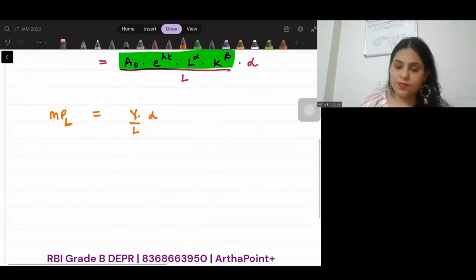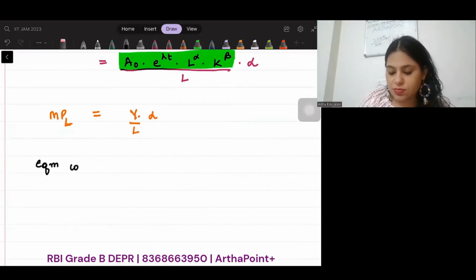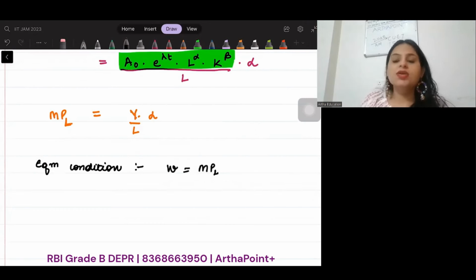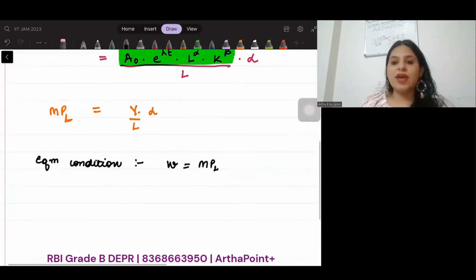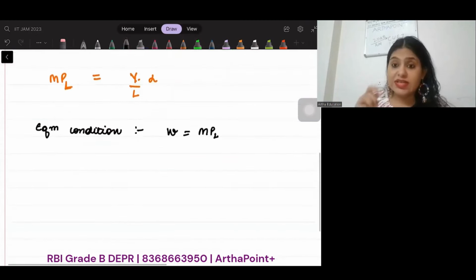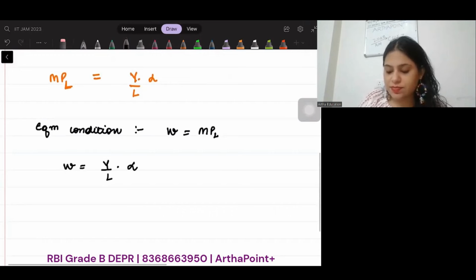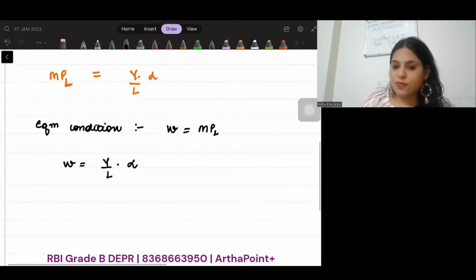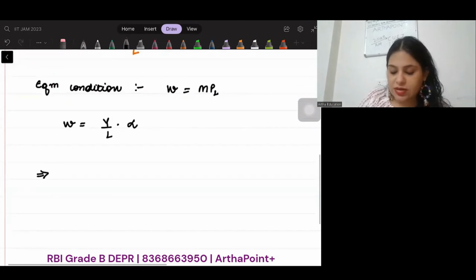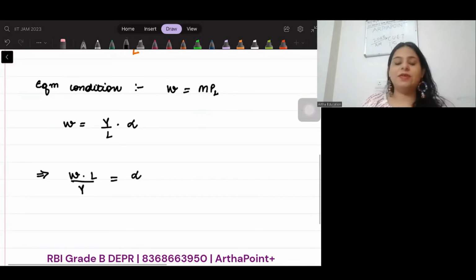Now, what is the equilibrium condition? The equilibrium condition is where the wage is equal to the marginal product of labor. So you give wage equal to marginal product of labor. This implies that W will be equal to this, so W into L by Y will be equal to alpha.